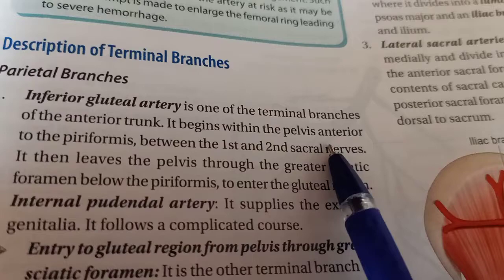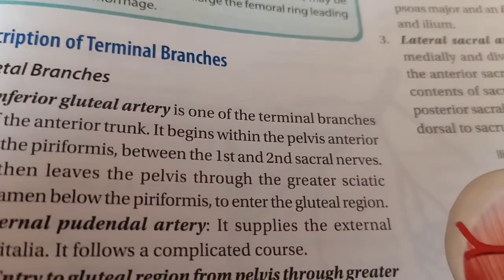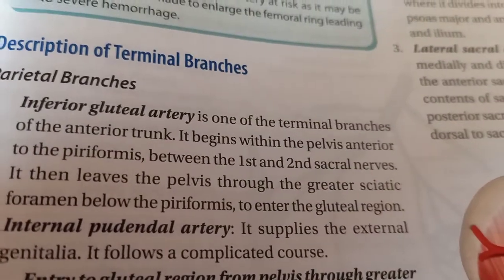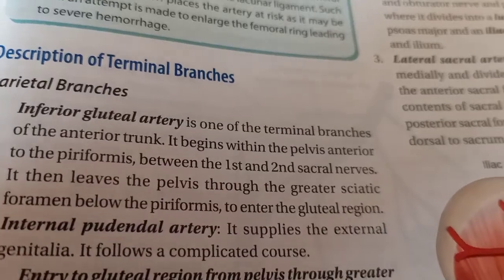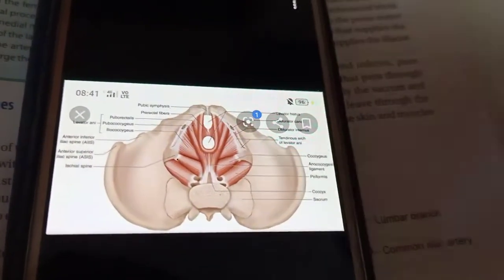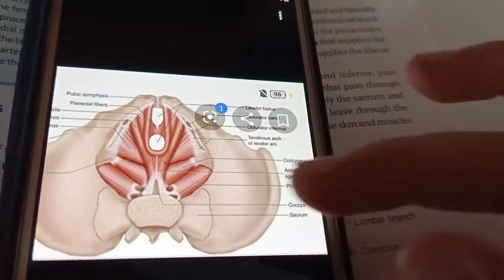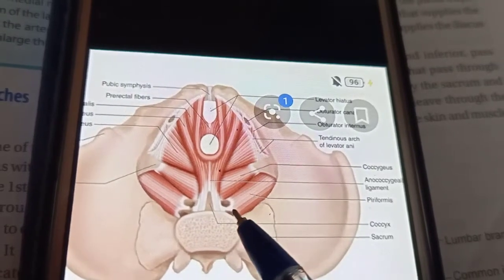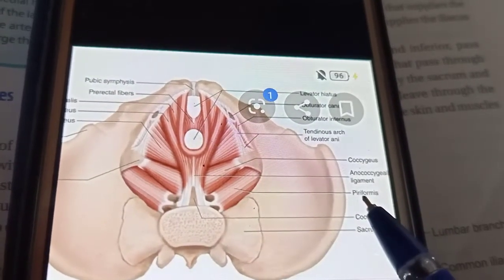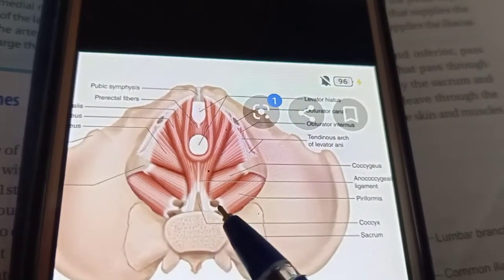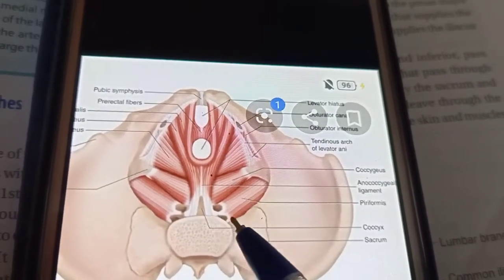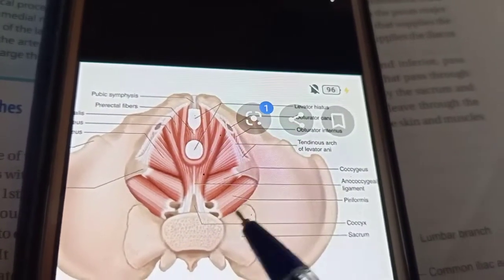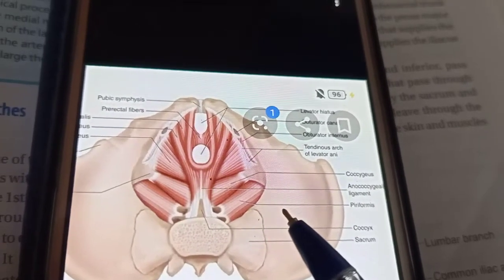It begins within the pelvis anterior to the piriformis muscle, between the first and second sacral nerves. Now you all know where the piriformis muscle is. You have done the pelvic diaphragm. So if you see here, this is the piriformis muscle. From the lateral margin of the coccyx and fifth sacral it is going down and getting attached to the greater trochanter, if you remember, that is piriformis.